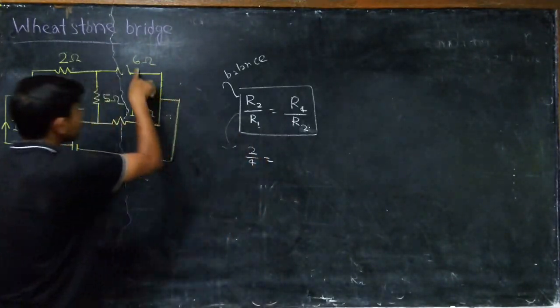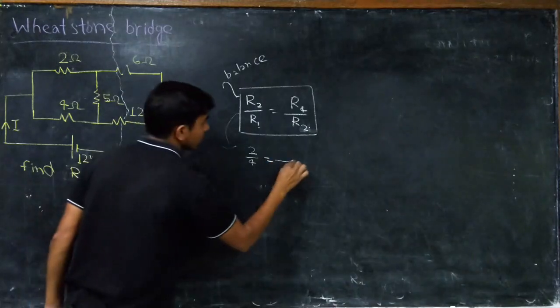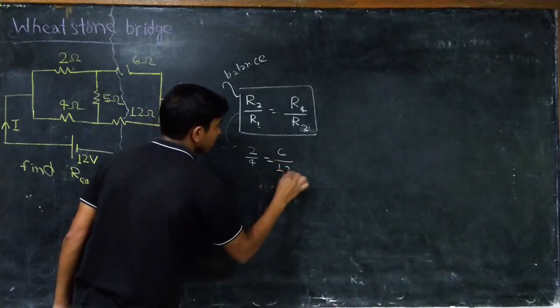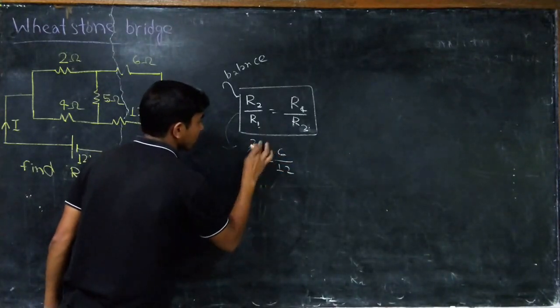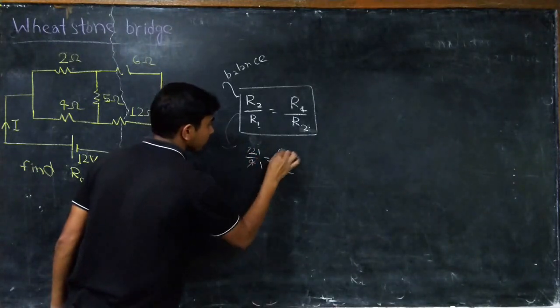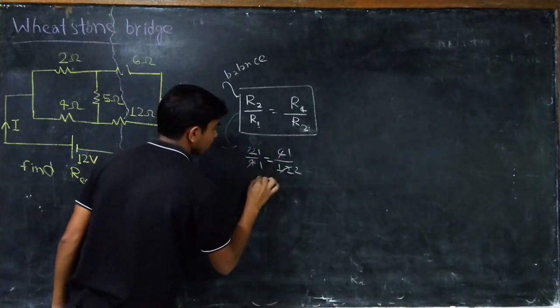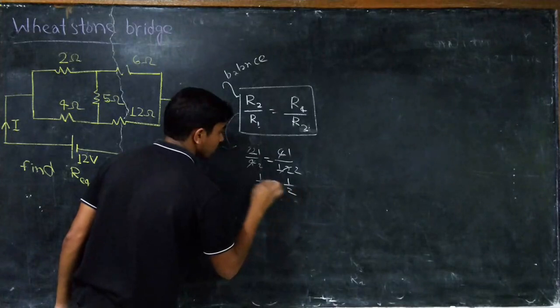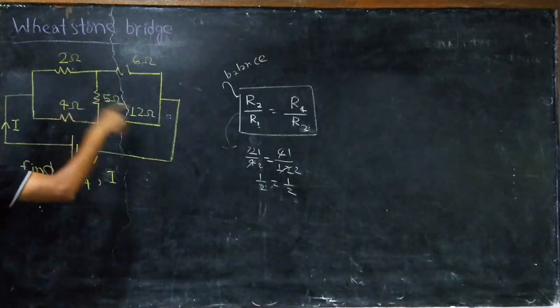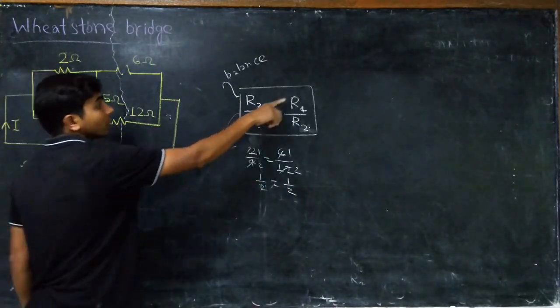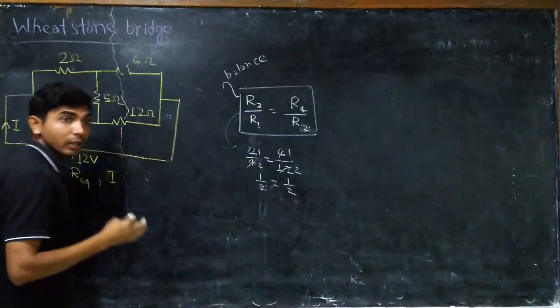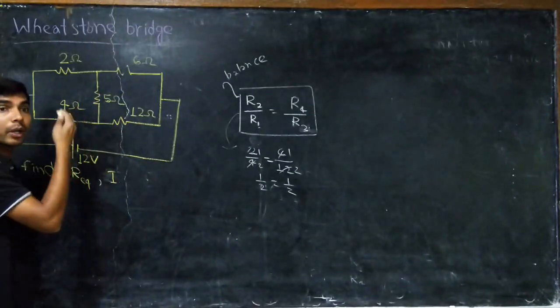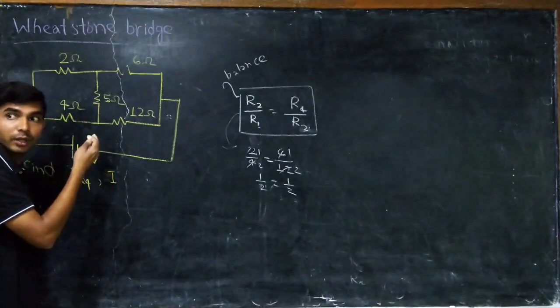And this is how much? 6 by 12. See, 1 by 2, this is also 1 by 2. Both the ratio of these two is equal to the ratio of these two, right? That means this is a balanced condition of the bridge, right?